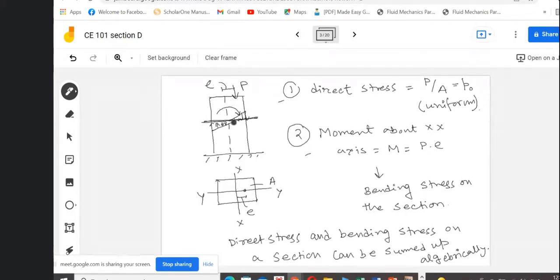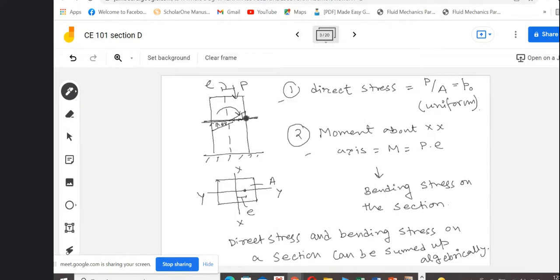So whenever both the stresses are in the compressive zone, we will add up the direct stress and the bending stress. However, when the bending stress is in the tensile portion, in that zone we will reduce that bending stress from the direct stress.